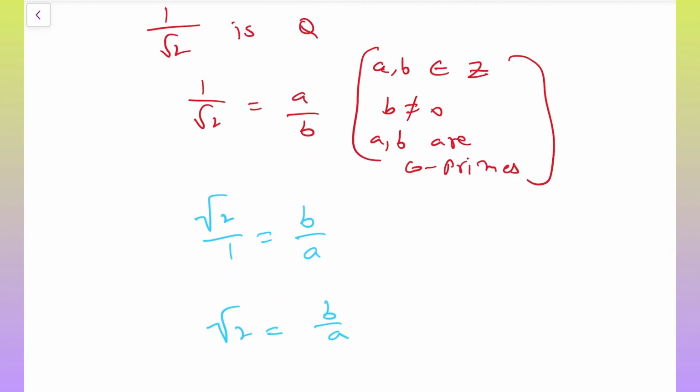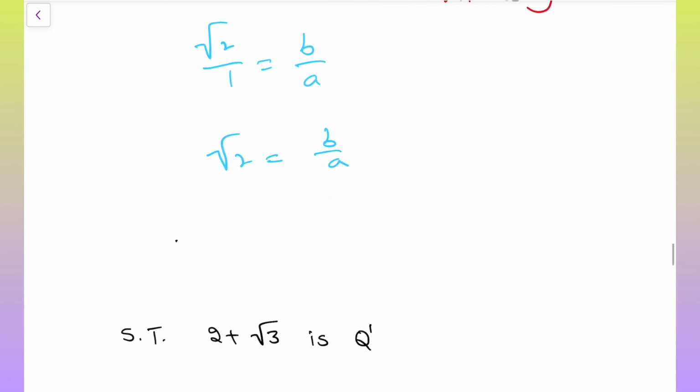A, b both are integers, right? So in the place of a, in the place of b, whatever number you substitute, this always will be a rational number only. But on the left side, if we take root 2, that is irrational. Is there any chance that a rational number is equal to an irrational number? It's an impossible case.